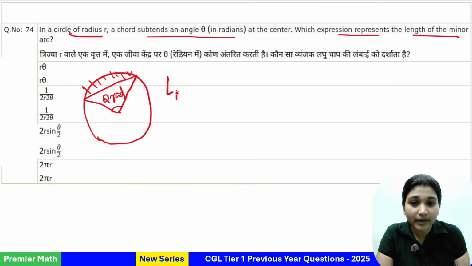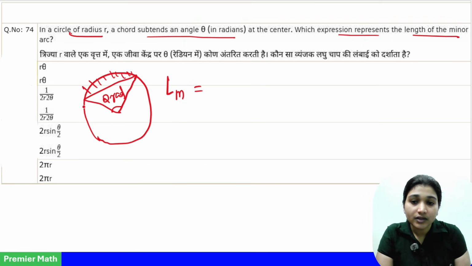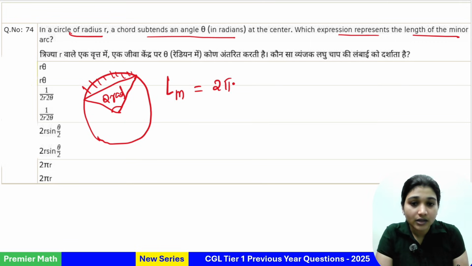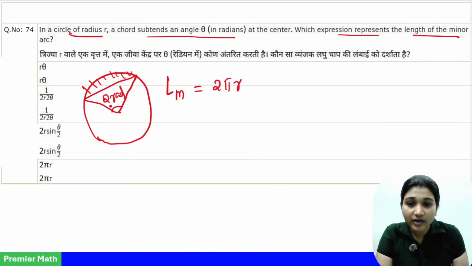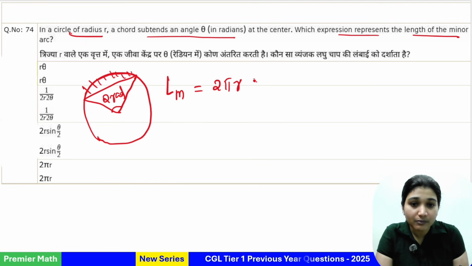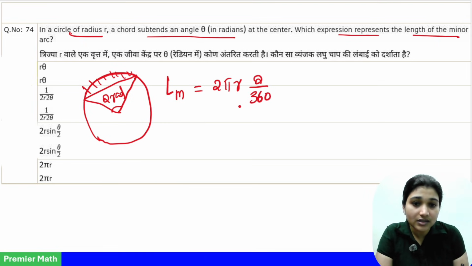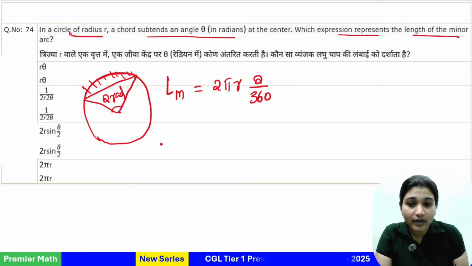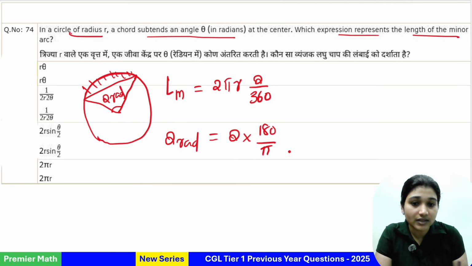Here, the length of the minor arc is equal to, the total length of the circle being the circumference, which is 2 pi r. But here, this is provided by this theta radian, so it is only this much length, which is provided by theta by 360 degrees. So substitute values. Here this is theta radian, so convert it into degrees. Theta radian into 180 by pi gives the degrees.